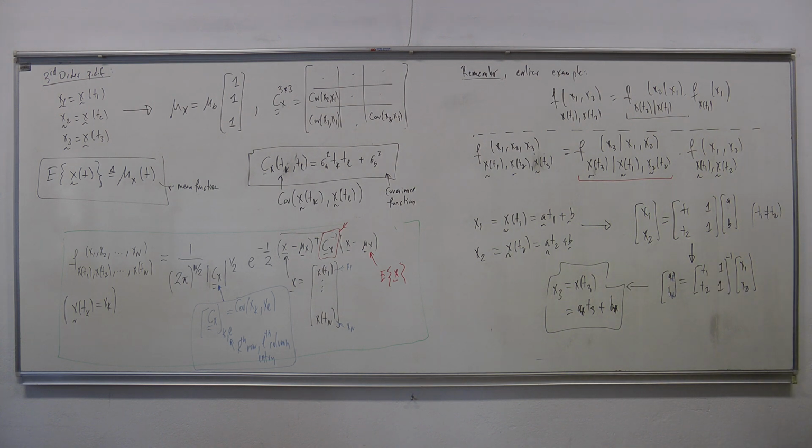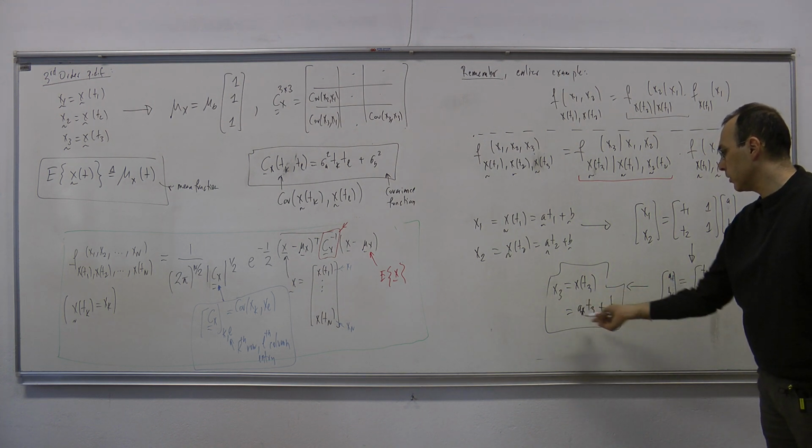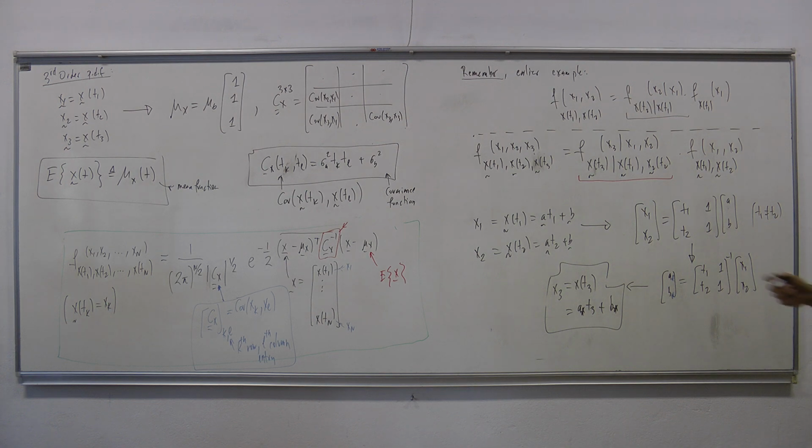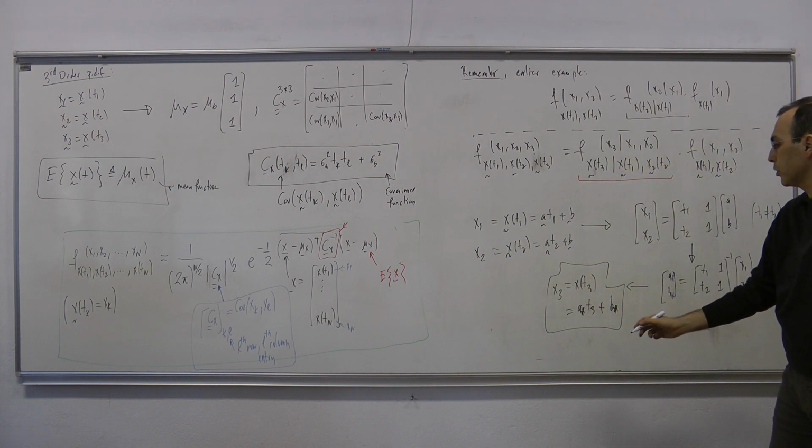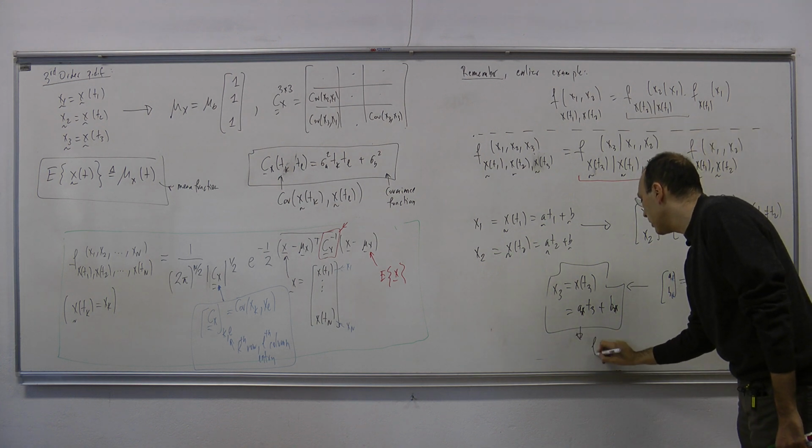So what is going on? This doesn't seem to be Gaussian distributed, isn't it? This is just a deterministic relation. So this is Gaussian distributed perhaps, but this is not Gaussian distributed anymore. So there is a deterministic relation. So what is this relation? Now this relation is this.